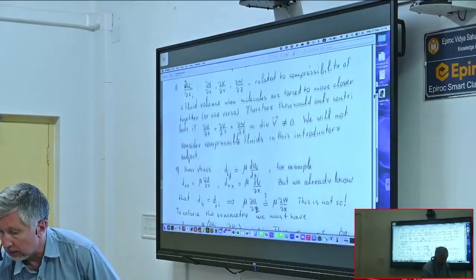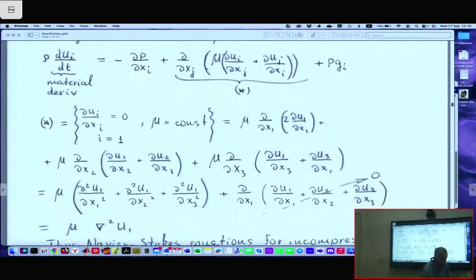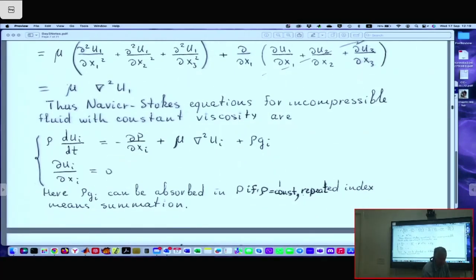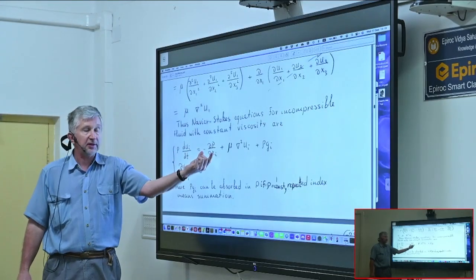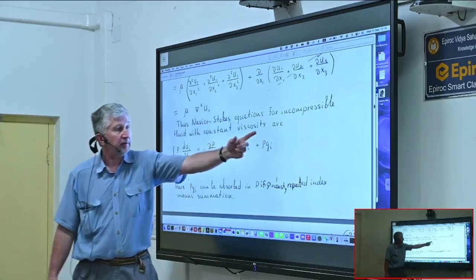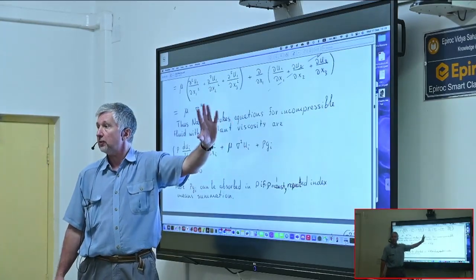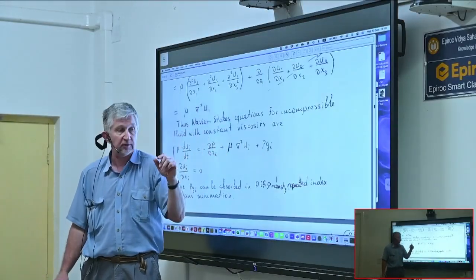So therefore, after all this, we end up with an equation which looks like that. So what we have here is exactly as we had before. This is just Euler's equation. And this is the pressure gradient term, exactly the same as before. And this is the gravity term, so you might or might not have it. You might absorb it in there, but I kept it here just for the sake of it.